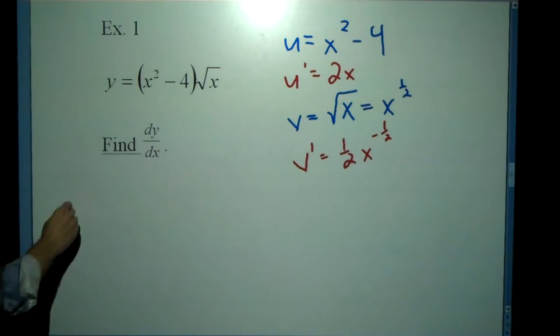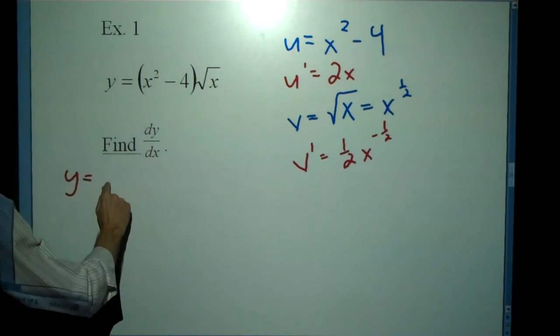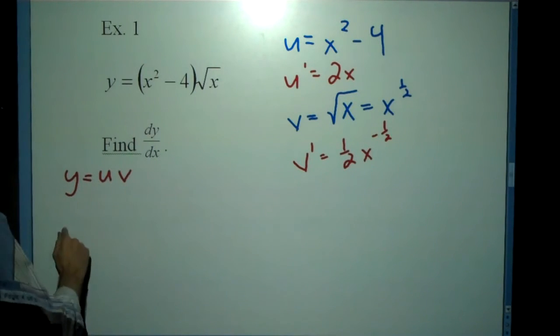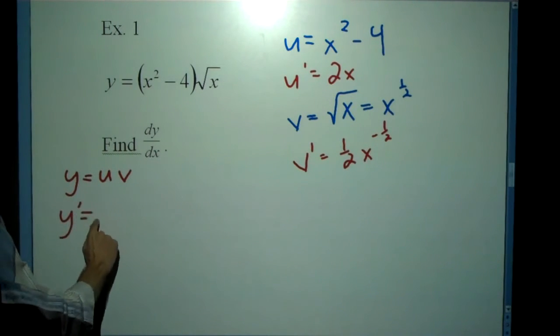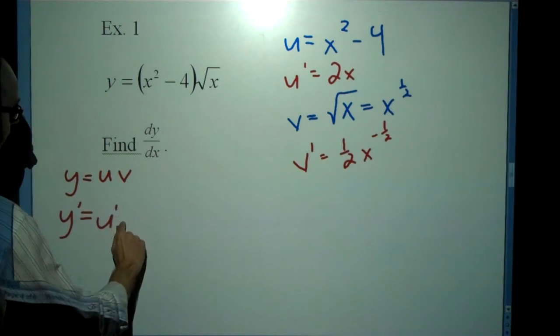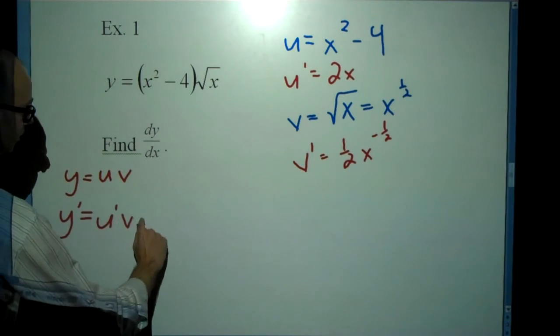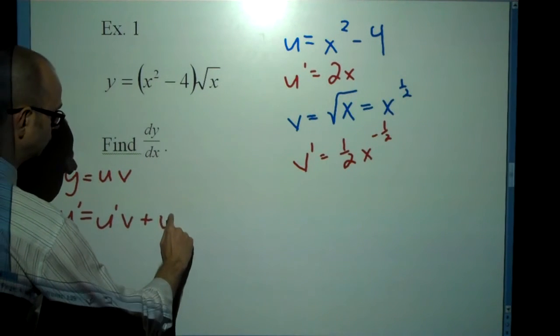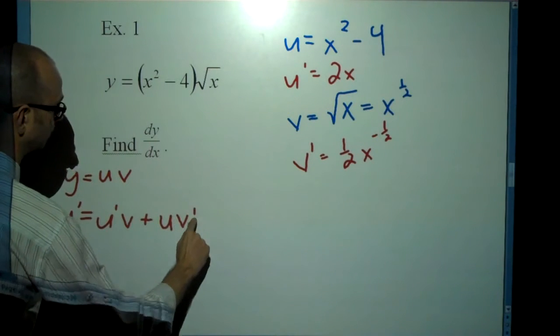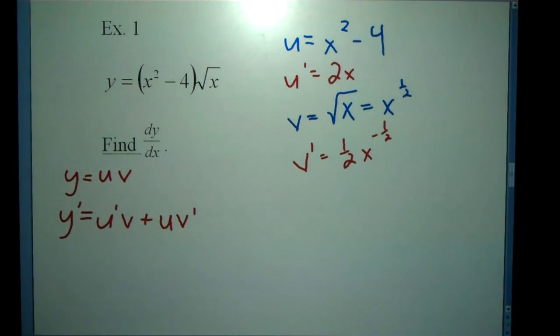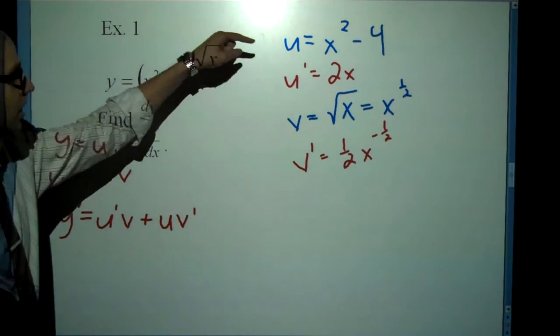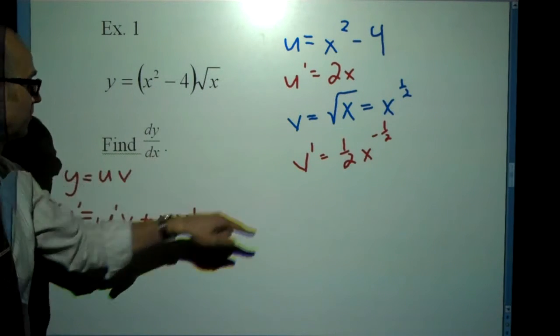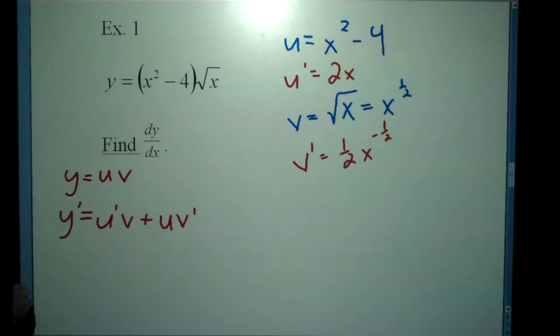Now the product rule says that when we have a function y equals u times v, the derivative of y is equal to the derivative of u times whatever v was plus u times whatever the derivative of v is. So I know u prime, I know v prime. All I have to do is plug them in here.